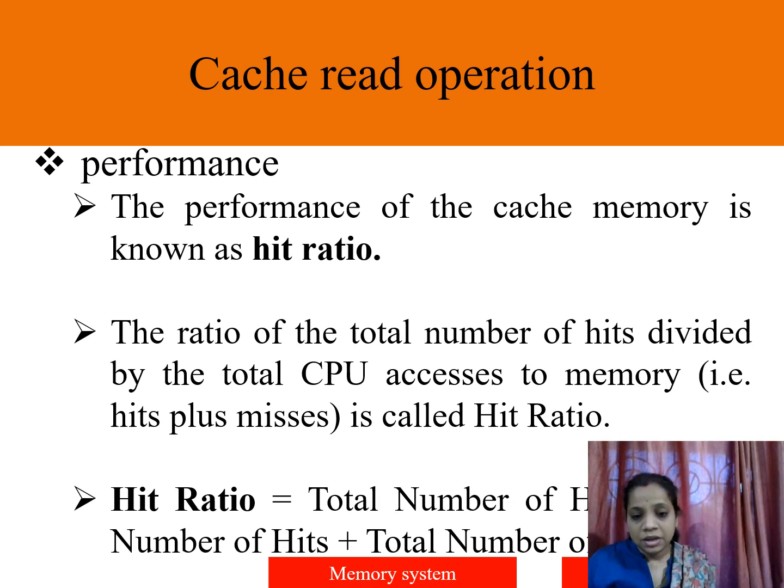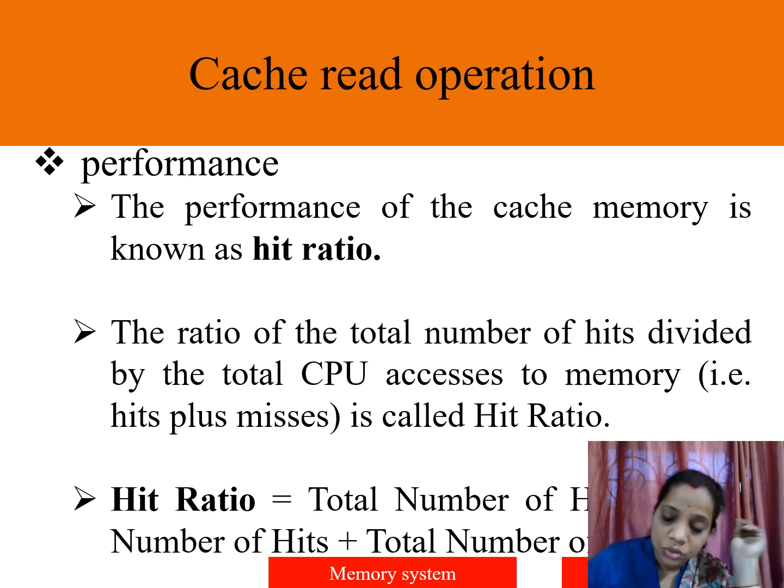Here, for a hit it is 1 nanosecond. If a miss occurs, first we go to the cache because it's the default, then plus 2 nanoseconds for the main memory, so the total will be 3 nanoseconds.